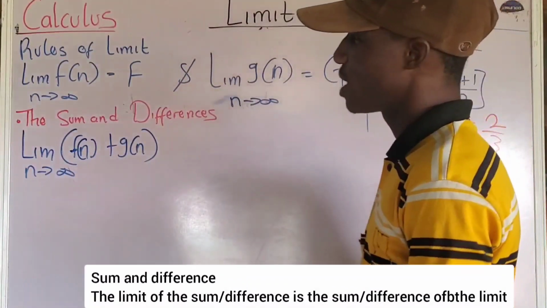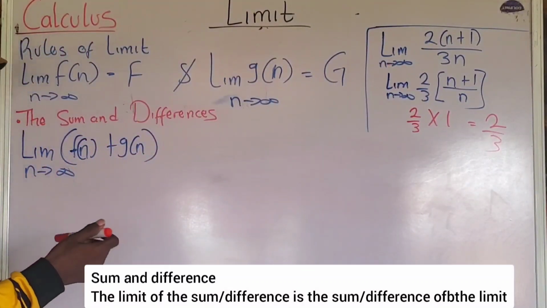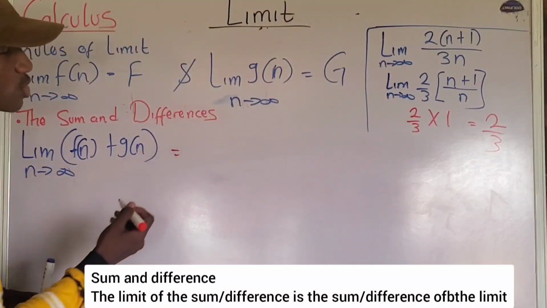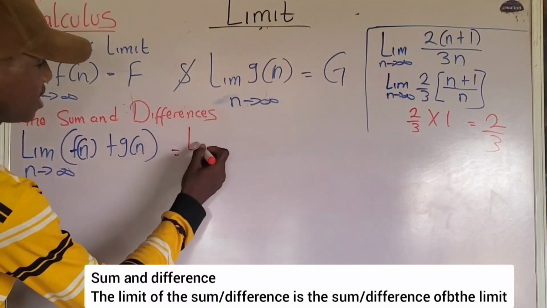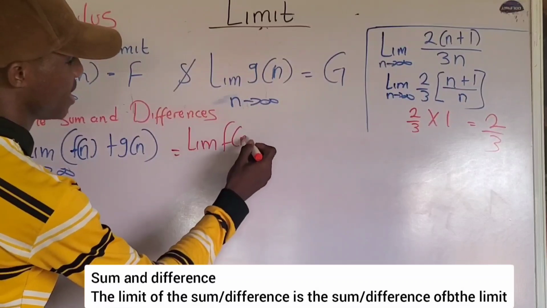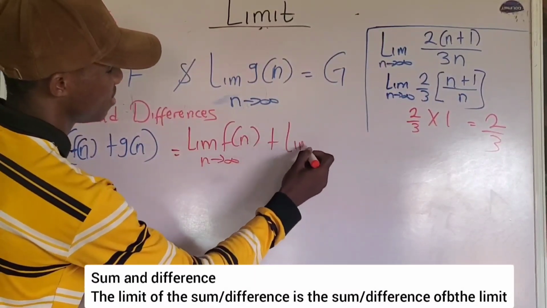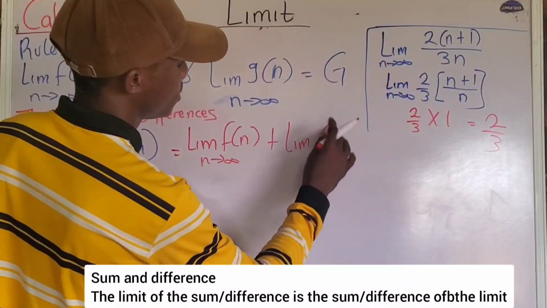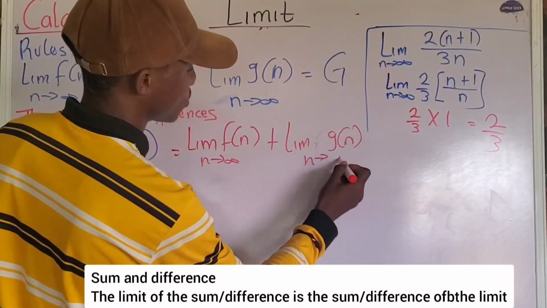You understand? So now according to this rule, the limit of this function is equal to the sum of the limits. That means I'm going to have limit f of n as n tends to infinity plus limit of function g of n as n tends to infinity.